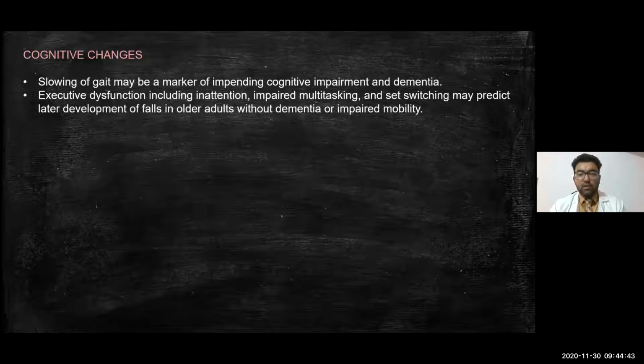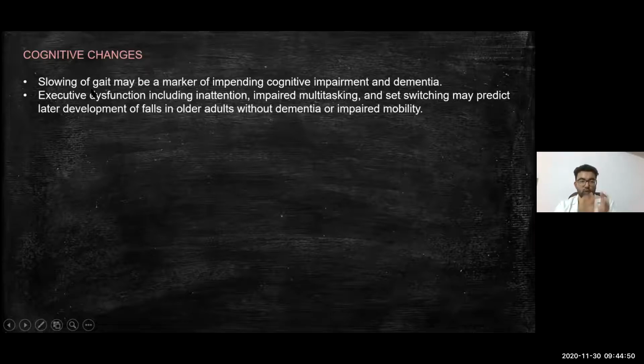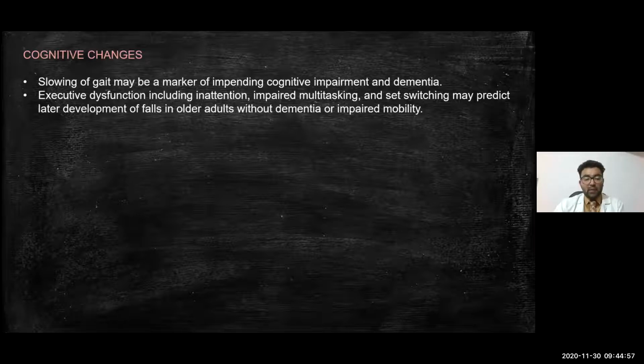Some patients also complain of cognitive changes. This is really interesting, because slowing of gait may be a marker of impending cognitive impairment and dementia. It works both ways.